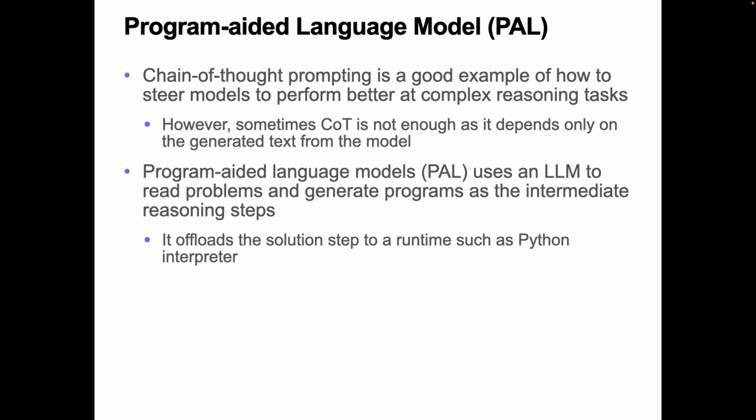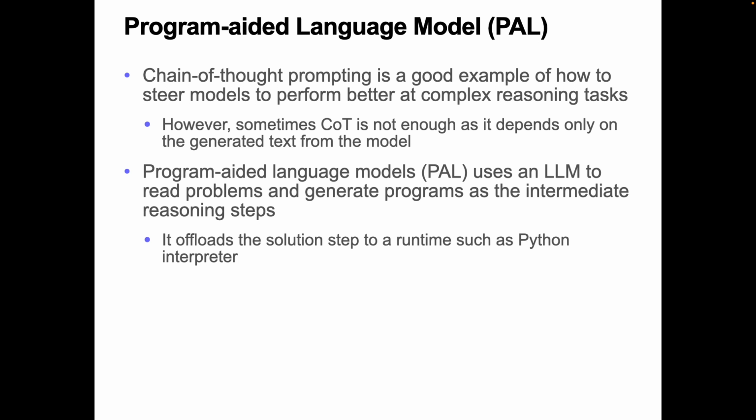It would be really interesting to see if the model can perform better if we use something like a Python interpreter to figure out what the answer is. So how would this look? This idea of program-aided language models, PAL for short, uses a language model to read problems and generate programs as the intermediate reasoning steps.